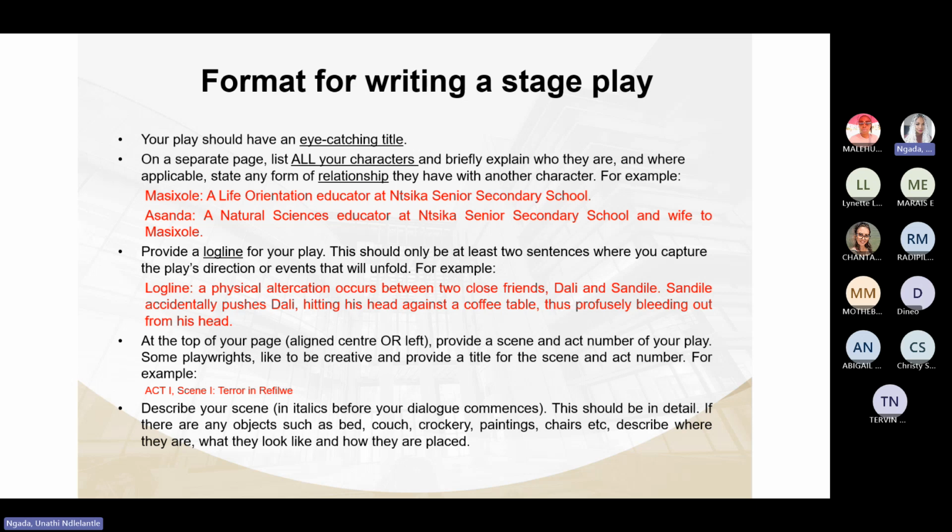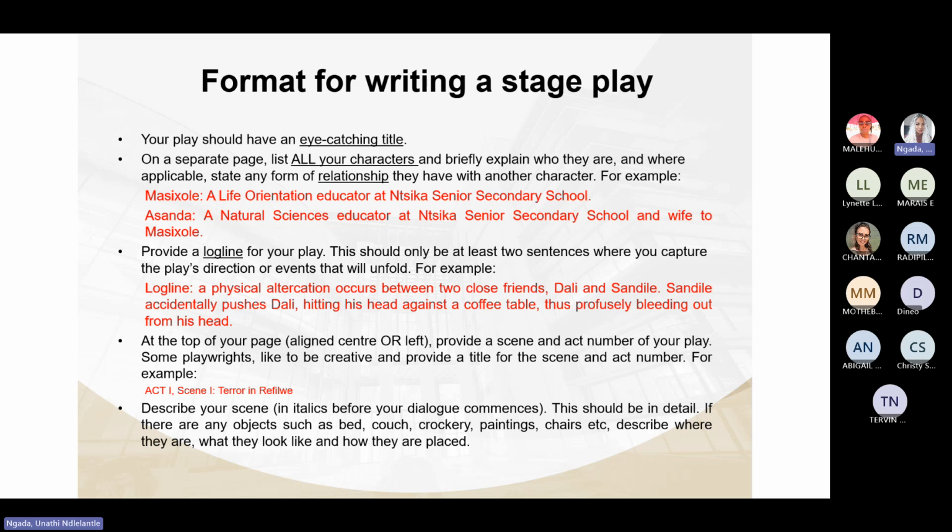Sandile accidentally pushes Dali, hitting his head against a coffee table, thus bleeding from his head. So what the log line does is that you are essentially trying to convince the reader or the marker, why must we continue reading? Why should we continue reading this literary text?